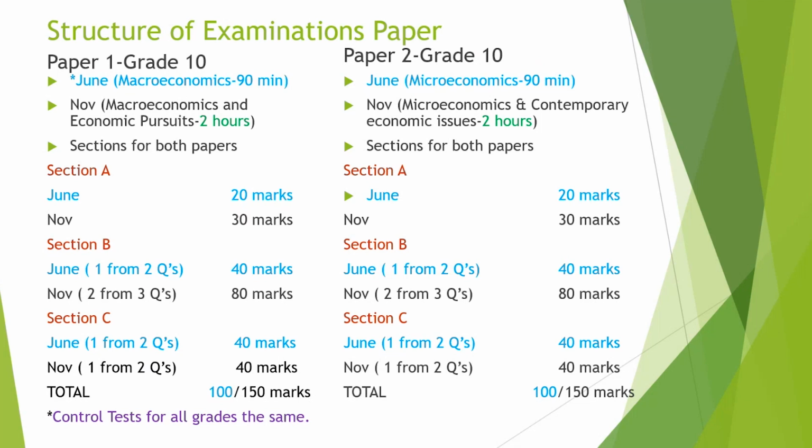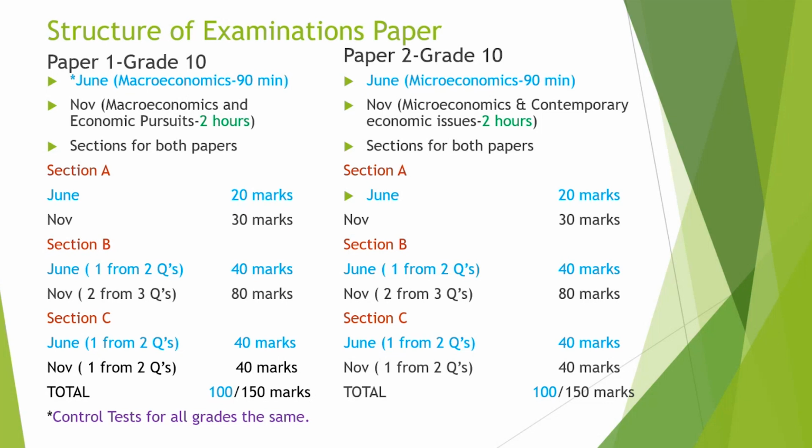Paper 1 is macroeconomics and economic pursuits. And if we look at the second bullet under paper 1, that is 2 hours. And you will see at the bottom, it is 2 hours for 150 marks.